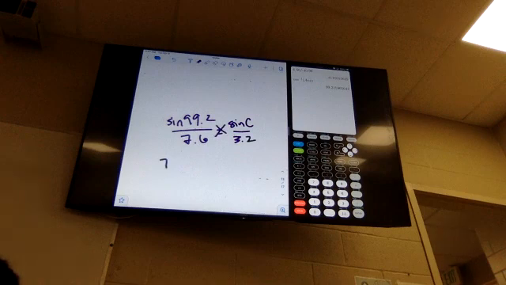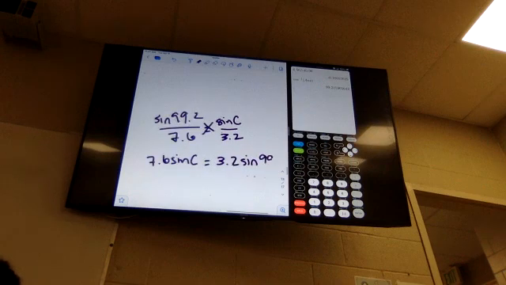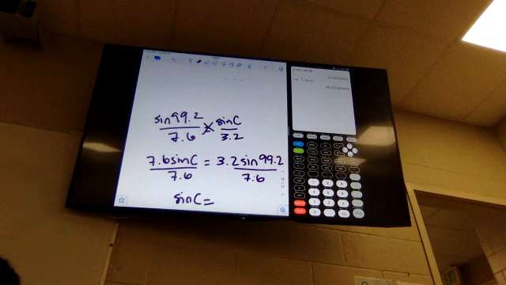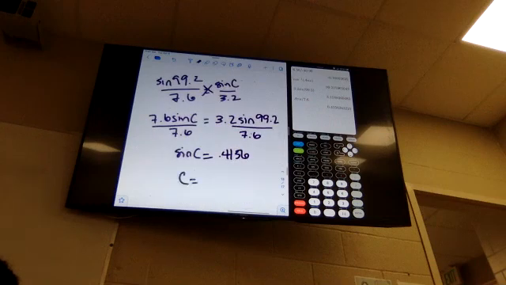I get 7.6 sine of C equals 3.2 sine of 99.2. Divide by 7.6. So sine of C is 3.2 sine 99.2 divided by 7.6. And then last step, C is the inverse sine of that, 0.4156.